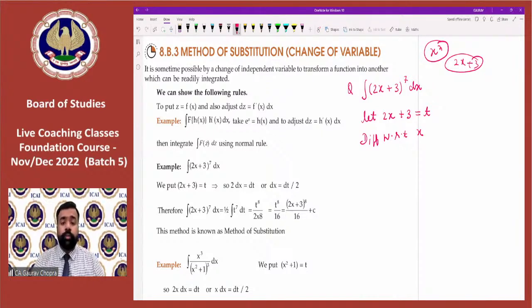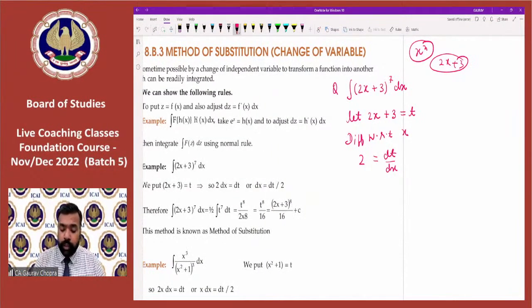The differentiation of 2x is 2, and of 3 it is 0, and for t we write dt by dx because we are differentiating with respect to x. From here, dx can be written as dt by 2. So we have done the first step.